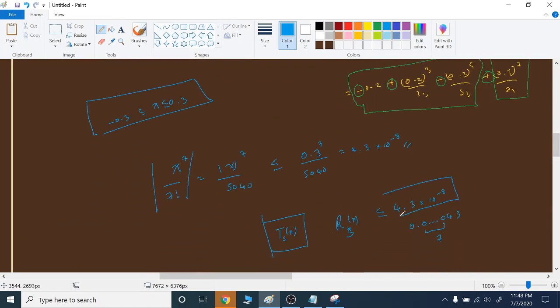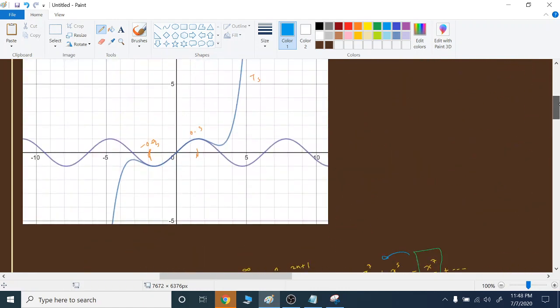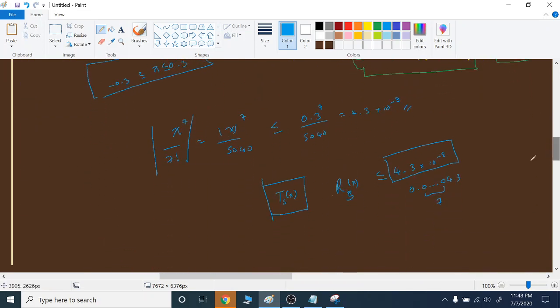So the maximum error that it can cause is this amount, or in other words, if you look at the graph and when you choose points in between negative 0.3 and 0.3, the maximum difference that the two graphs can take will be this amount.